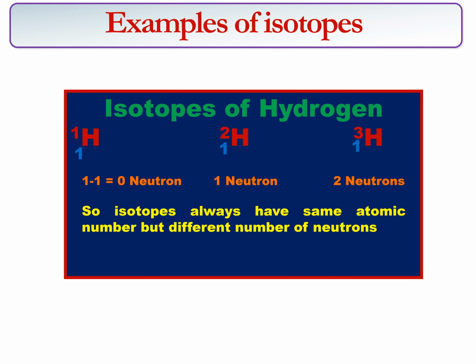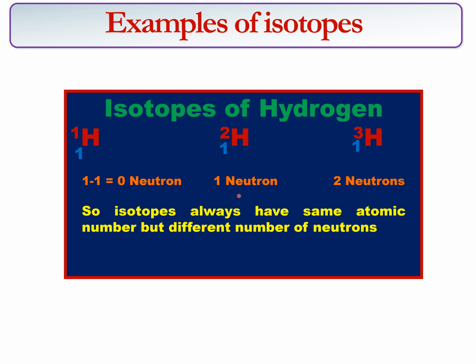Let's have a look at isotopes of hydrogen. Hydrogen has hydrogen-1, hydrogen-2, and hydrogen-3 isotopes. Hydrogen-1 has 0 neutrons because 1 minus 1 is equal to 0. It has 1 proton and 1 electron. Hydrogen-2 has 1 neutron, 2 minus 1 equals 1.